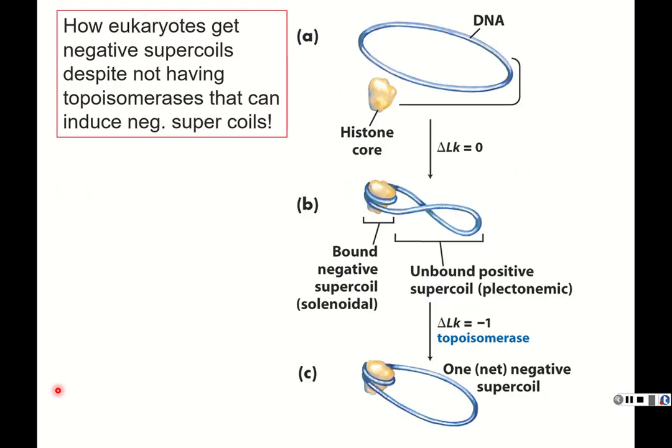Okay. And we've made kind of allusions to this, how the topoisomerase number 2 in eukaryotic cells can't induce negative supercoils.